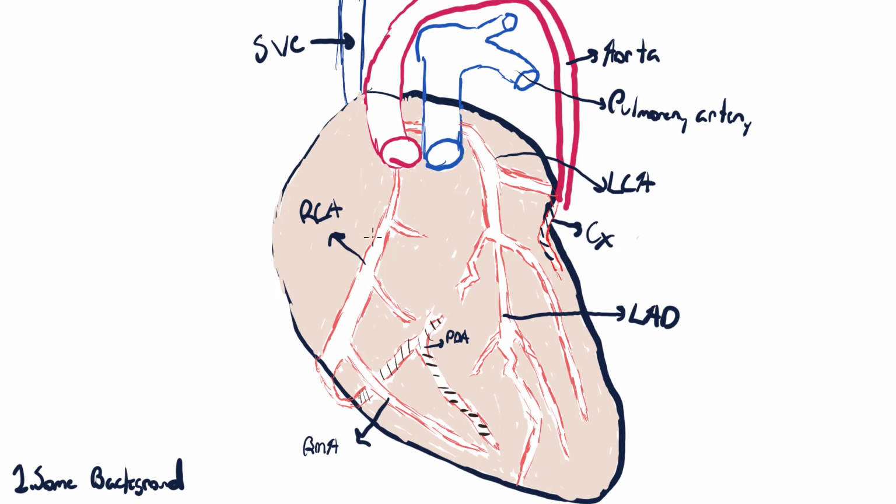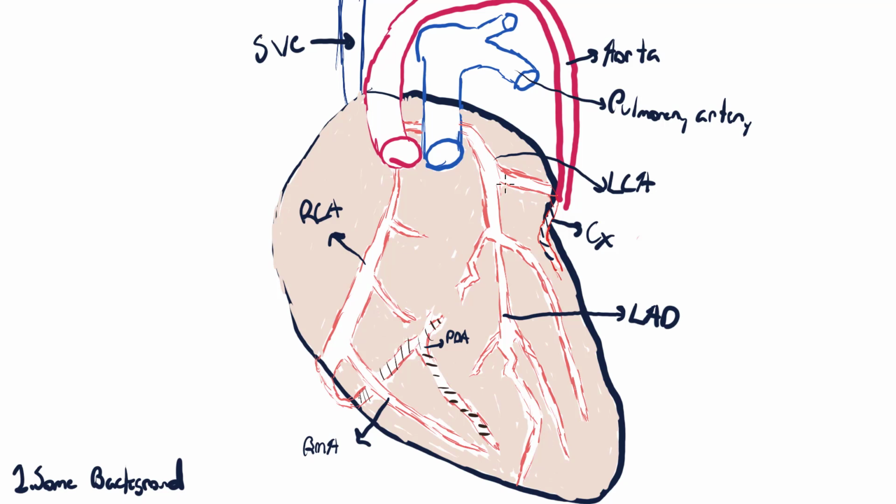Gets a little confusing after that. So the RCA breaks off and forms the right marginal artery, which is kind of this little branch off here. And then this portion of it that wraps around the backside of the heart, that is called the posterior descending artery, or your PDA, okay?